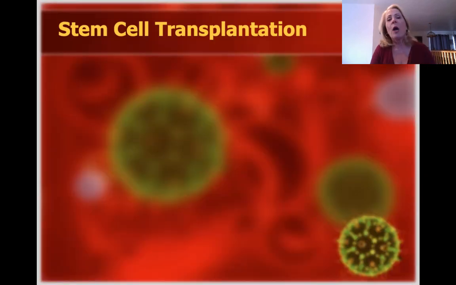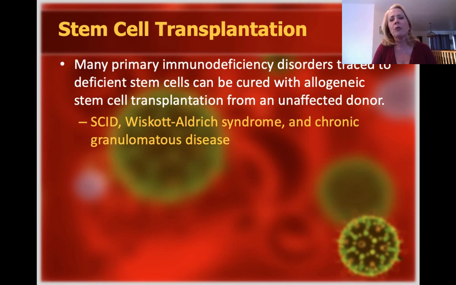That's actually a YouTube video that you can watch on stem cells. We're not going to watch this right now. But basically what happens is you need these stem cells, which are cells we call undifferentiated cells, and these stem cells are then going to become the types of cells that we need in order to fight off disease.